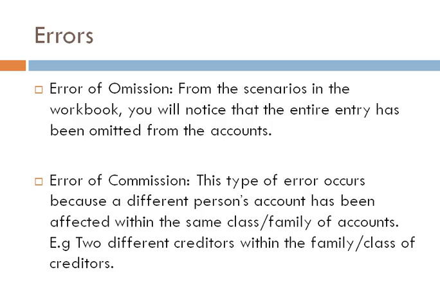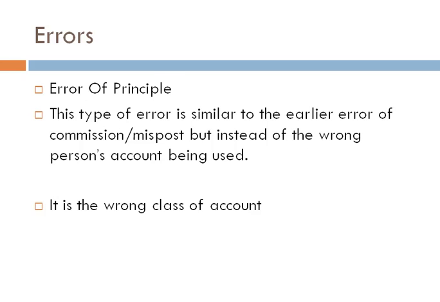Error of omission was the first one we started with. You completely forget it. The entire entry has been omitted. Error of commission, like we've talked about, also known as the error of mispost. We're within the same category, same class, same family of accounts, for example, 2 creditors or 2 debtors or 2 expenses, all within the same class.